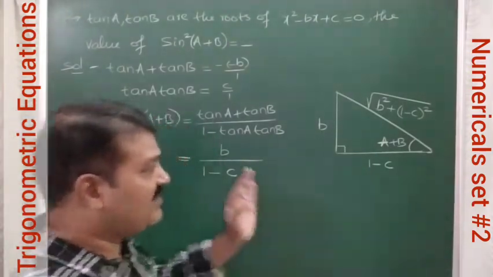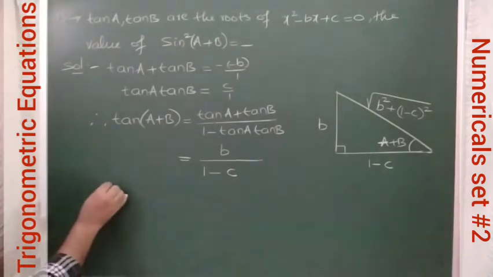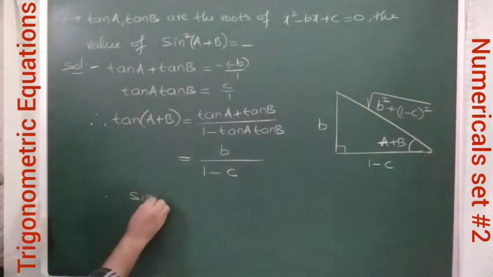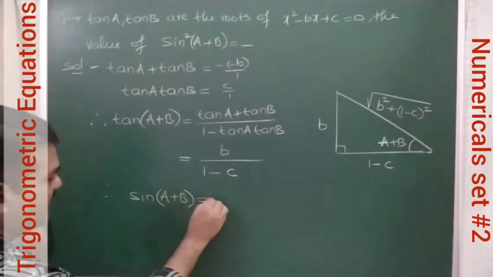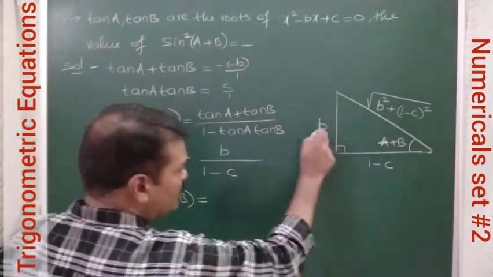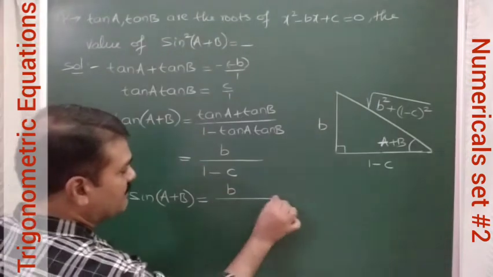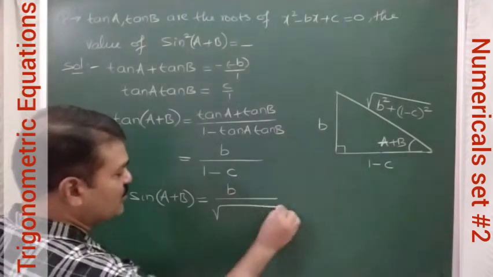So what is sin of (A plus B) from this figure? Sin of (A plus B) can be taken as opposite side by hypotenuse.